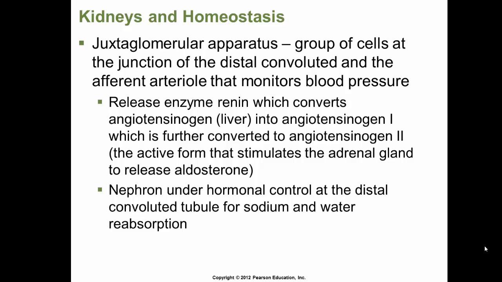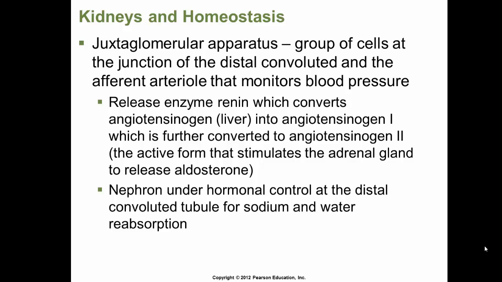These cells release an enzyme called renin, which is going to convert angiotensinogen, which is produced by the liver, into angiotensin 1, which is going to be further converted to angiotensin 2, which is going to be the active form that stimulates the adrenal gland to release aldosterone.